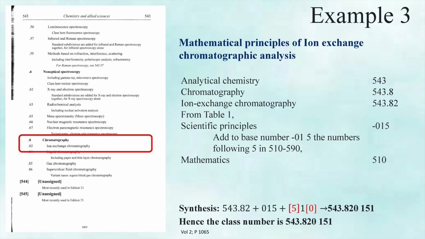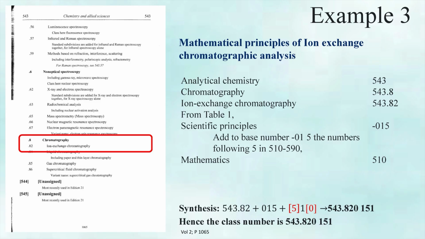How can I come to know that? If you go for the study of the subject, in the DDC third summary, or in the schedule, or even in the relative index, you can find which subject comes under which broader class. So chromatography comes under analytical chemistry.